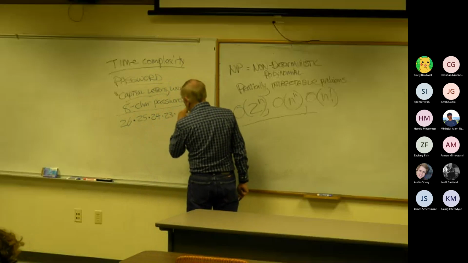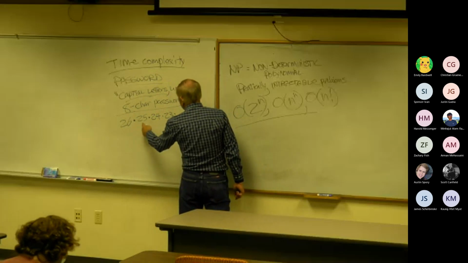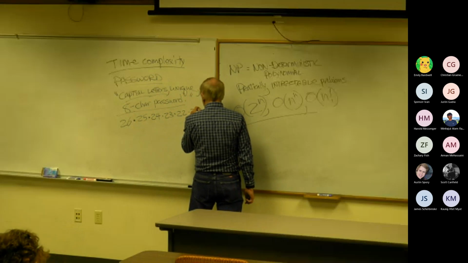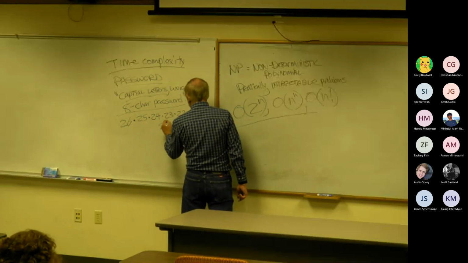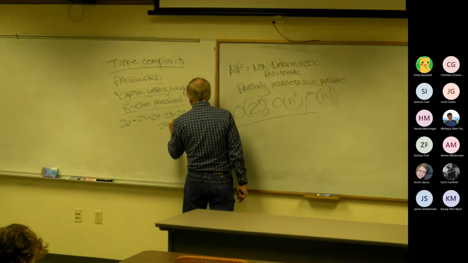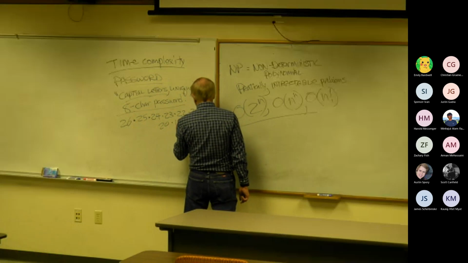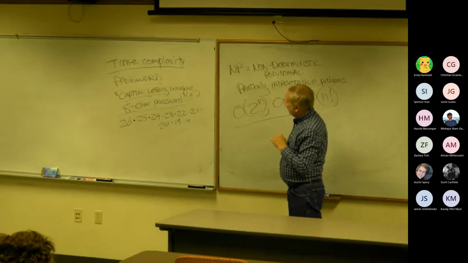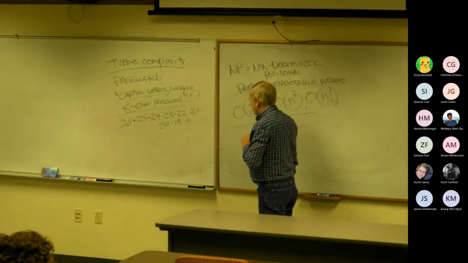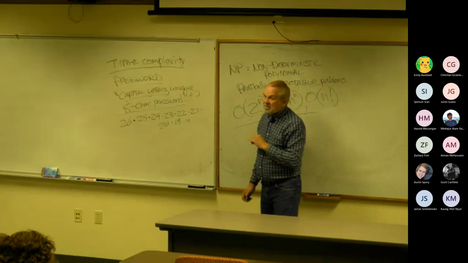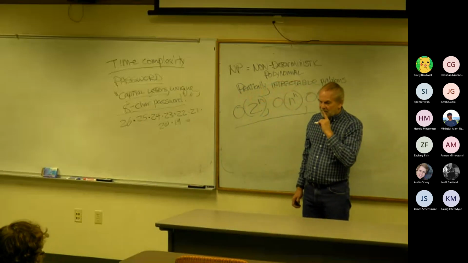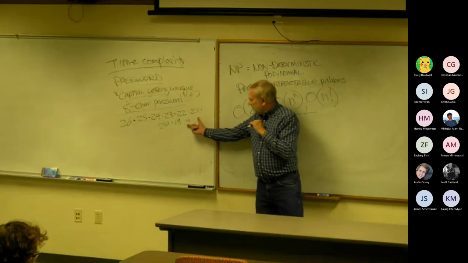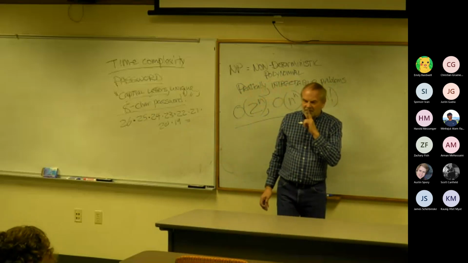Anybody with a calculator? It's less than 26 factorial. 26 factorial would keep going all the way down to 1, right?